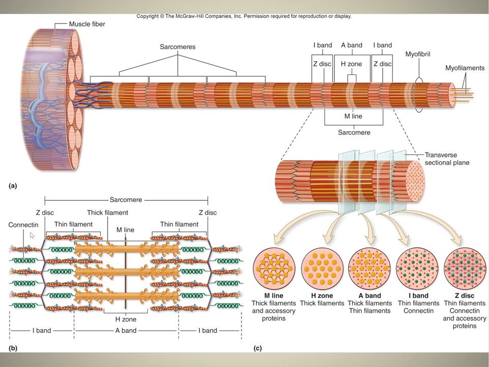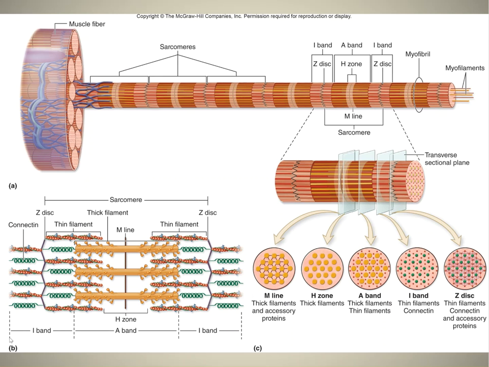Down here lower left is a sarcomere, and it's the smallest part of a muscle that actually contracts. You can see that the thick filaments intersperse between thin filaments. A sarcomere extends from what's called a Z disc to a Z disc, and there are zones.